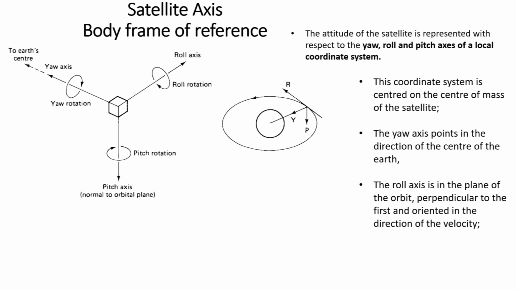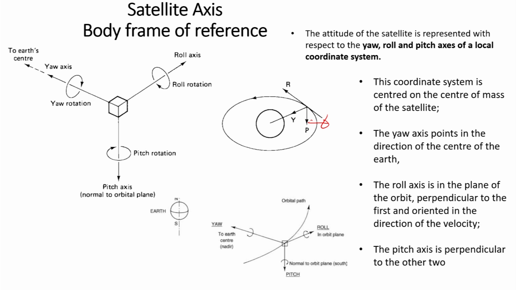The direction in which the satellite is moving is the positive direction of the roll axis. The pitch axis is perpendicular to the two, because the third axis has to be perpendicular. You can see in this figure it is perpendicular to the orbital plane, which contains the yaw axis as well as the roll axis. This figure shows it more clearly. This is the spacecraft and this is how we define the axes.